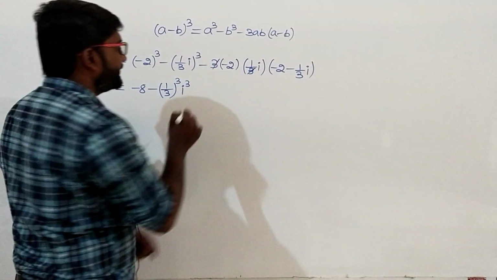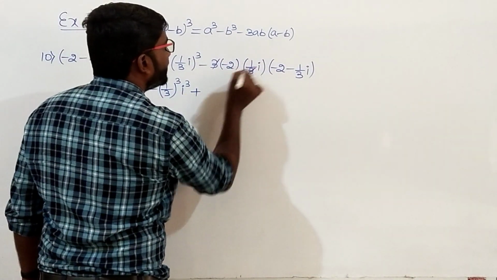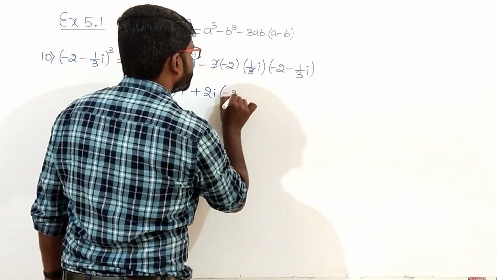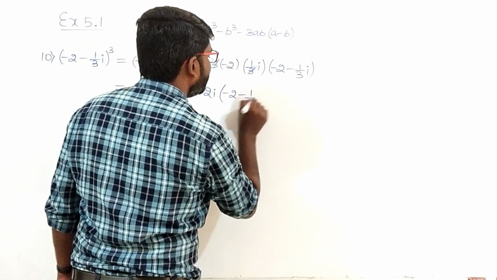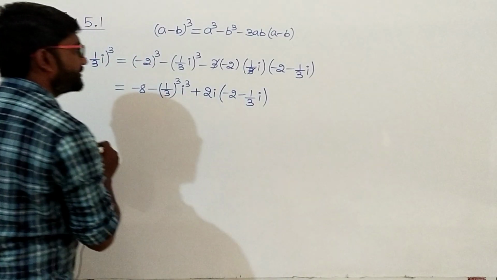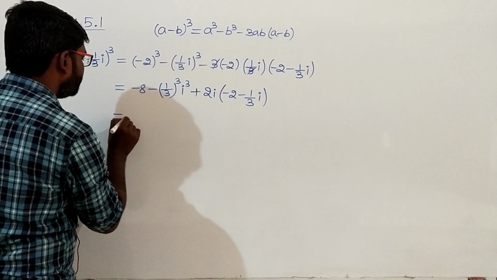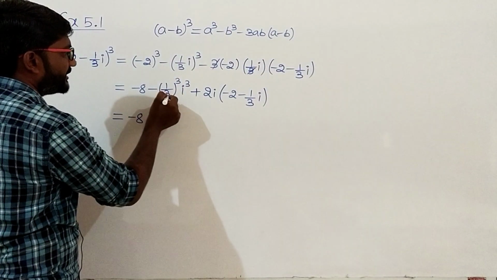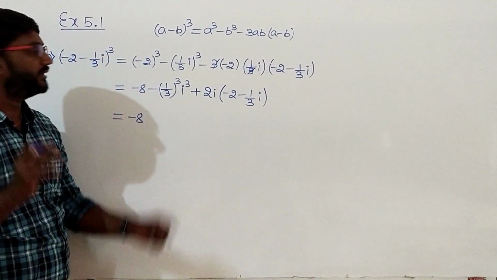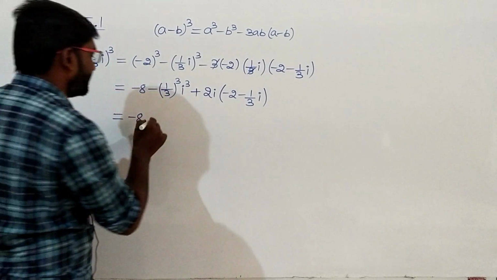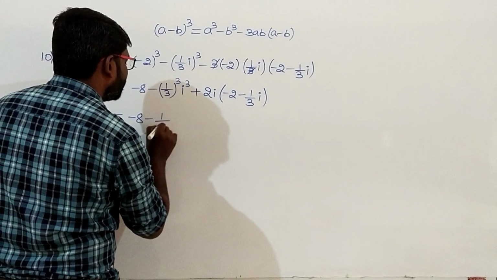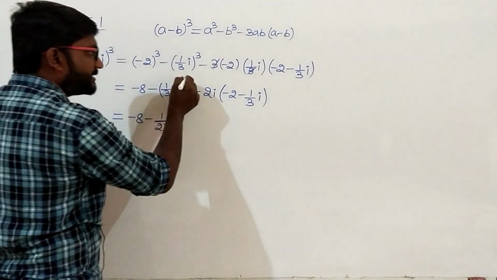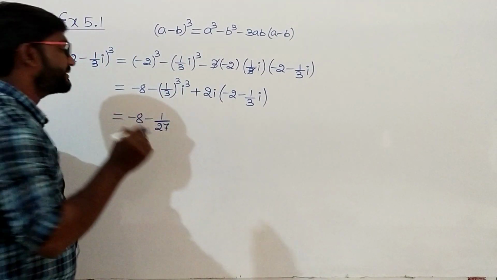Minus into minus is plus. 2 into i will be 2i. Then I write this as it is, (minus 2 minus 1/3 into i). So simplify this further. Minus 8. Then the cube applies to the numerator as well as to the denominator. 1 cube is 1, 3 cube will be 27. So minus 1 divided by 27. Then what is the value of i cube? It is minus i.